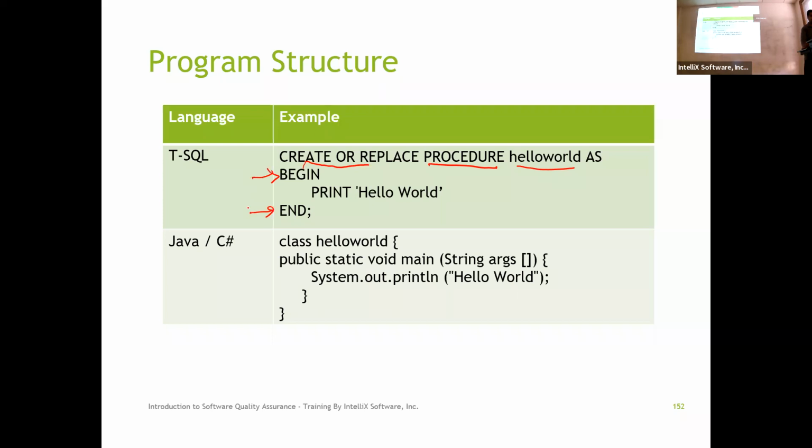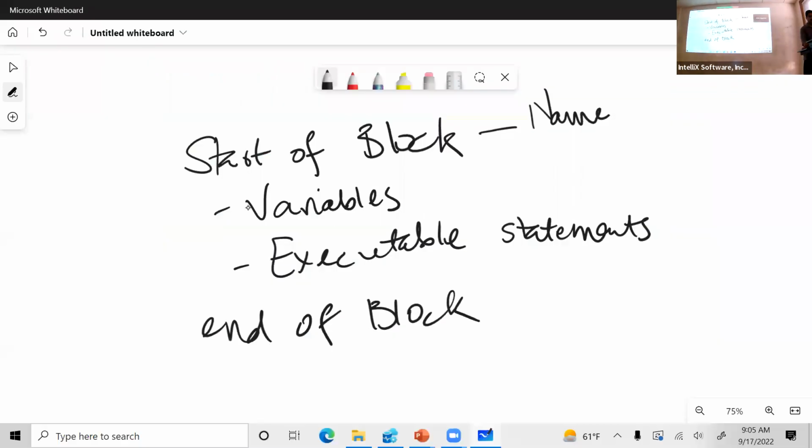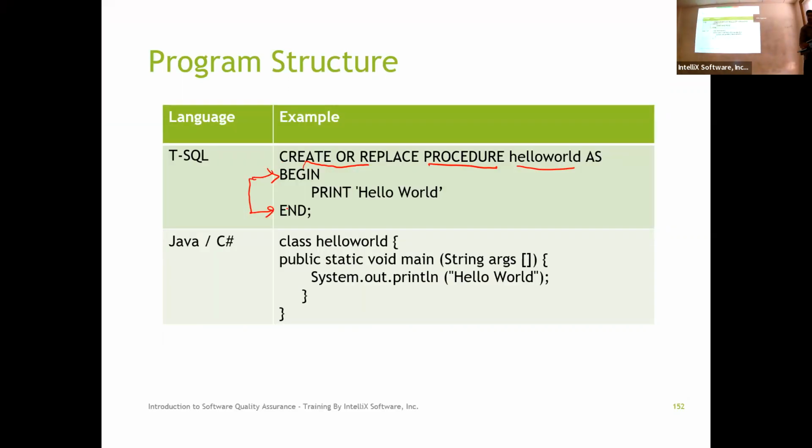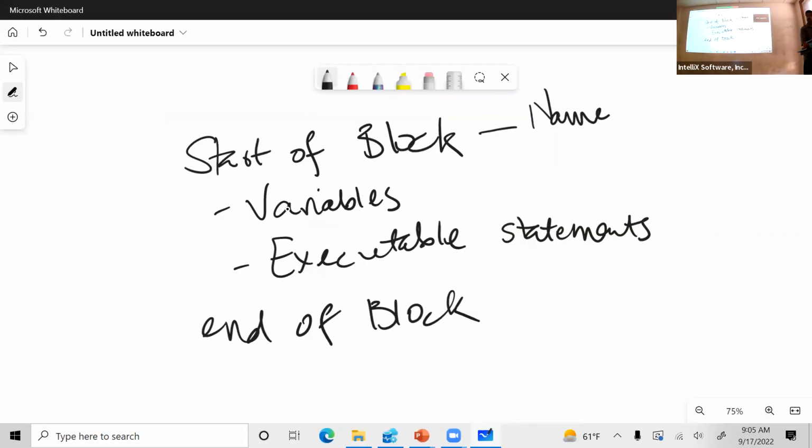Remember, we said start of the block, end of the block. So begin, end. Inside it, you will have some variables. But in this case, all I'm doing is a simple print, so I don't need any temporary storage.